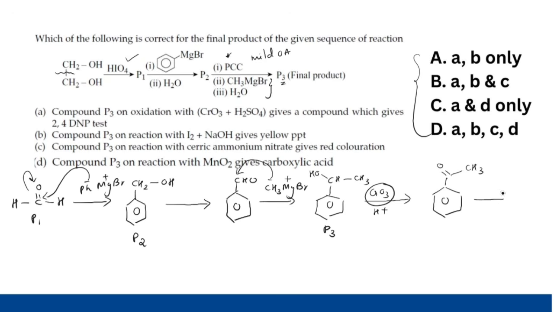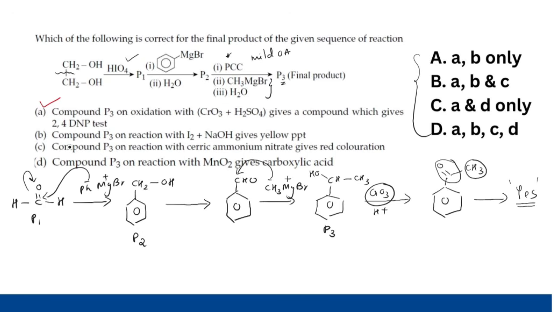Yes. When 2,4-dinitrophenylhydrazine is added to this, because of a smaller group methyl here, not much steric hindrance, therefore it can still react with the 2,4-DNP and form a colored hydrazone. So that means it will give positive result for the 2,4-DNP test. Therefore, this statement is correct.